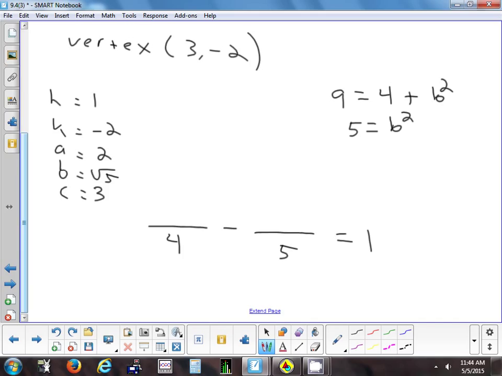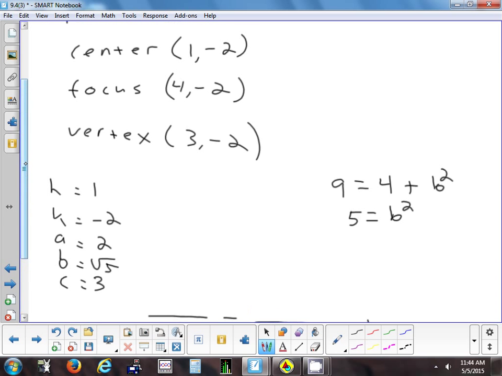Next, we have to decide whether we put the x squared first or the y squared first. Alex, if I graph the focus and the vertex, how will these points line up? Horizontally or vertically? Horizontally. Yep. So if you want to do a quick sketch, you can. Write 4 down 2, write 3 down 2. Lines up horizontal.